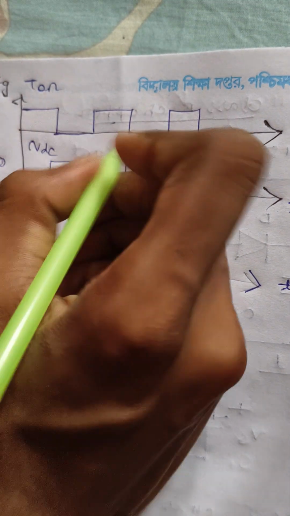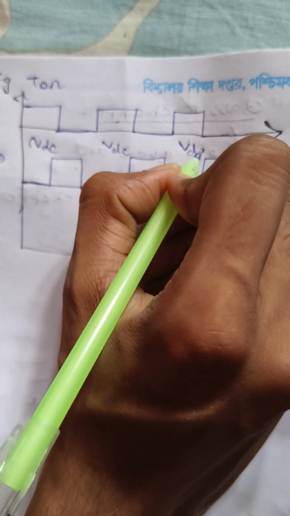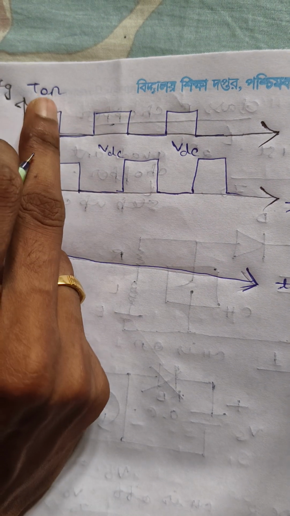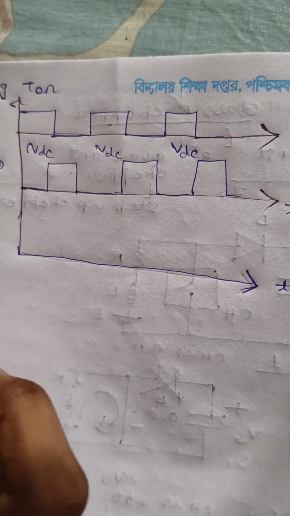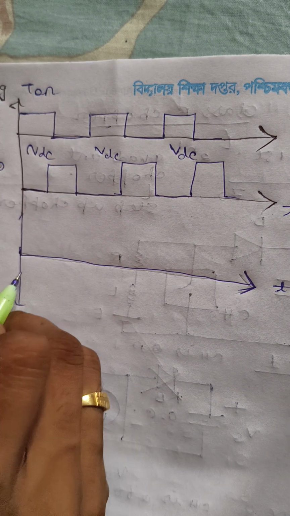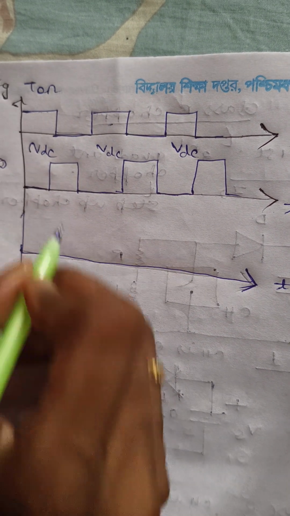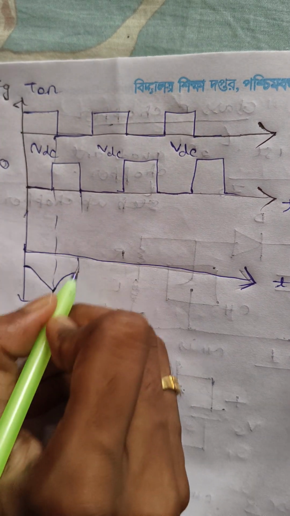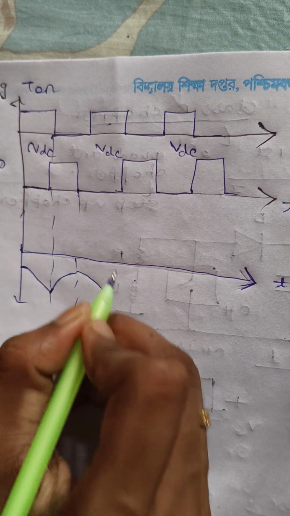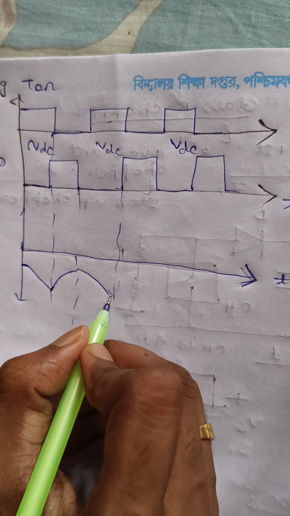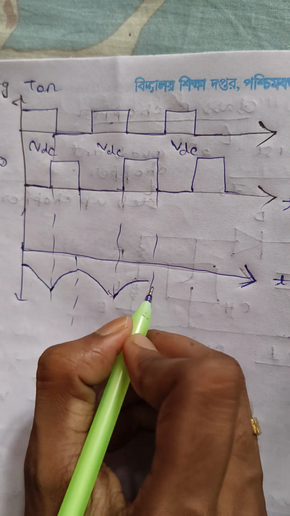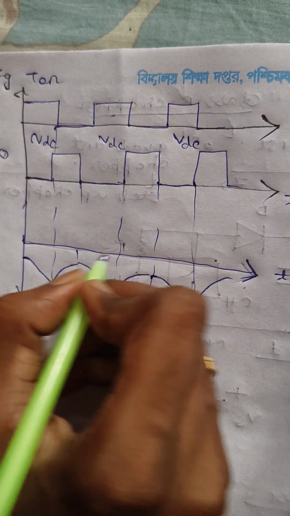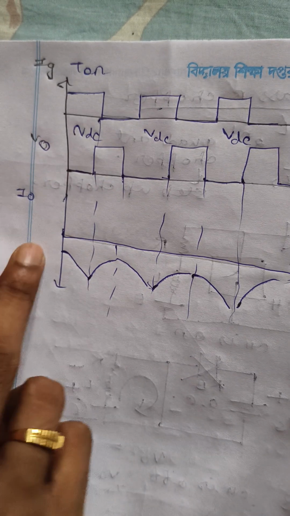You can say VDC or Vs. And the output current: when it is on, the inductor is charging but in the negative direction, so the graph is reversed like this, charging up to this, then discharging, then again charging when it is on, then discharging, and so on. This is the output current waveform.